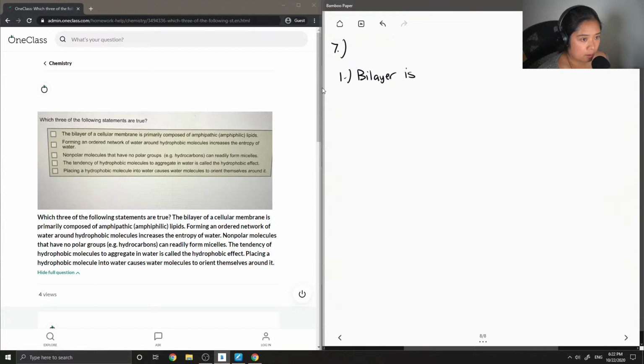Bilayer is composed of amphipathic lipids.